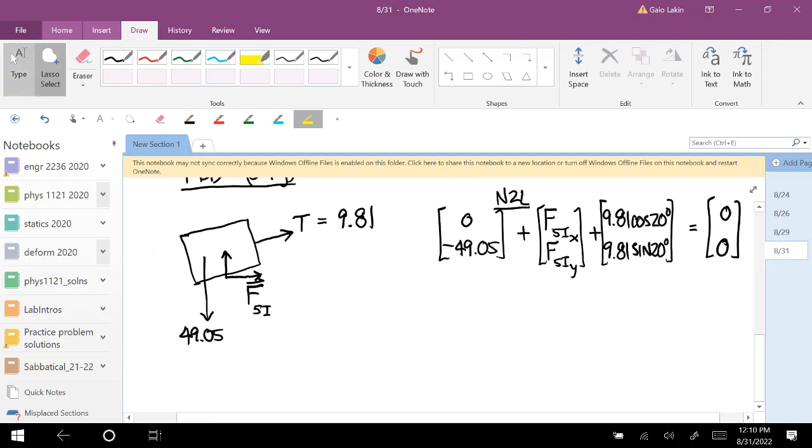So that's Newton's second law. So we have two equations, F5ix plus, this comes out to be 9.22 is equal to 0.